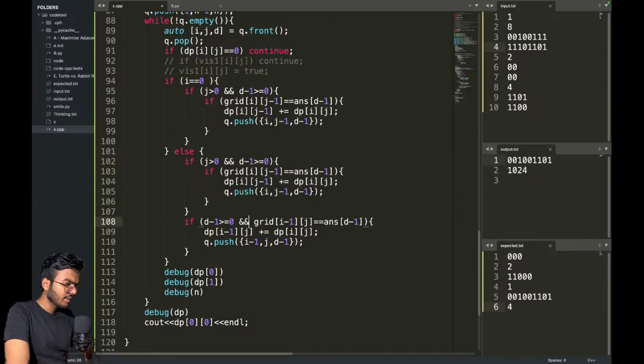If i equals 1, else if i equals 1, then I can go in the left direction. So this is correct. But if d minus 1 is greater than or equal to 0 and grid of i minus 1, j is also equal to answer of d minus 1, then dp of i minus 1, j plus equals dp of i, j, and q dot push dp of, yeah.